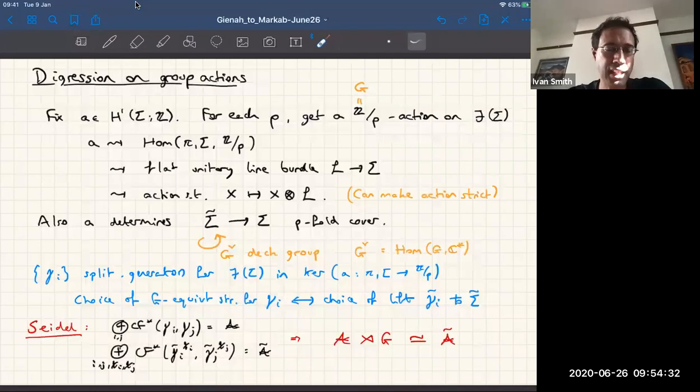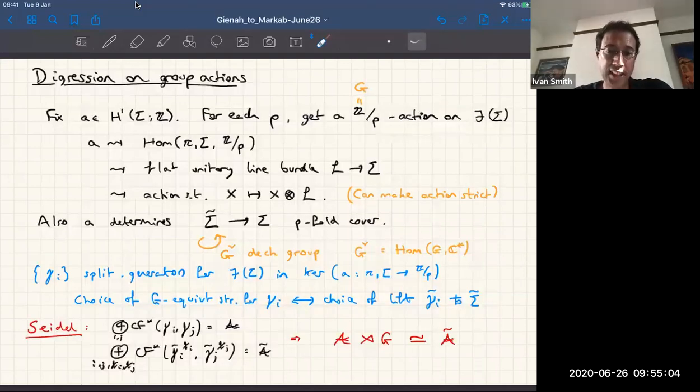So if I take some collection of split generators for the Fukaya category of sigma, I could choose those all to lie in the kernel of this homomorphism associated to A. Those are curves, say simple closed curves on which A evaluates trivially. That's saying that they admit equivariant structures for this G action. Choosing such an equivariant structure is like choosing a lift of the curve to the cover.